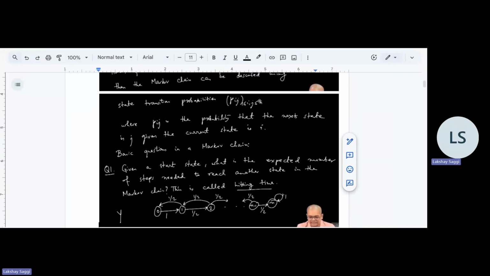So suppose at time step i minus 1, the random variable took a value, let's say k, then Pkj will represent the probability that the random variable at time step i will take the value j. So Pij is the probability that the next state is j given the current state is i.